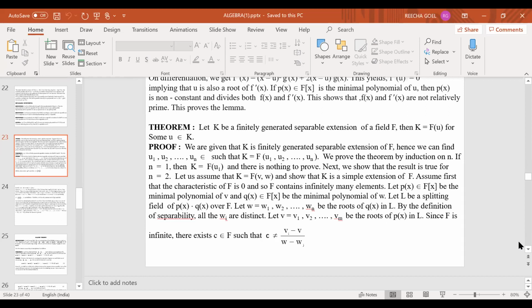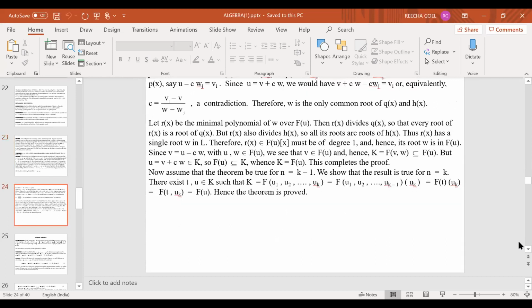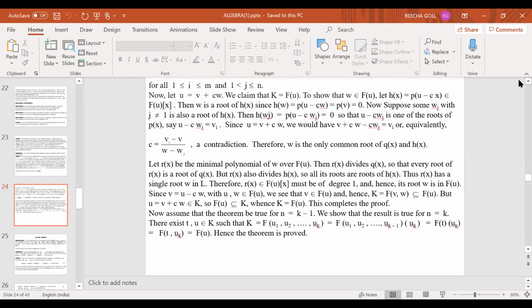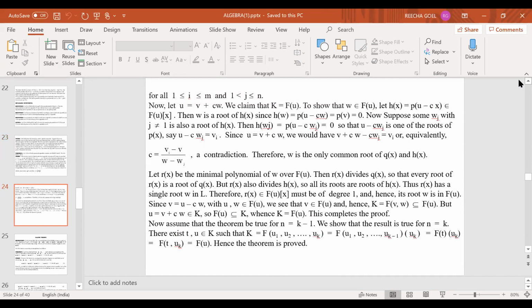So I can always find an element c in F such that c is different from (vi - v)/(w - wj), where i varies from 1 to m and j varies from 2 to n.